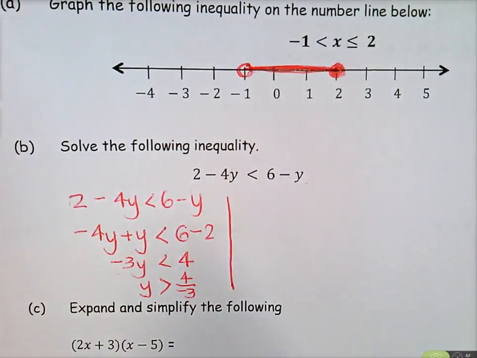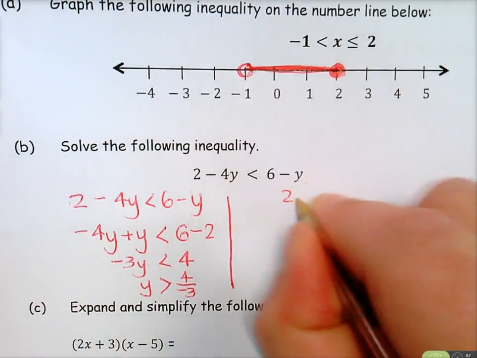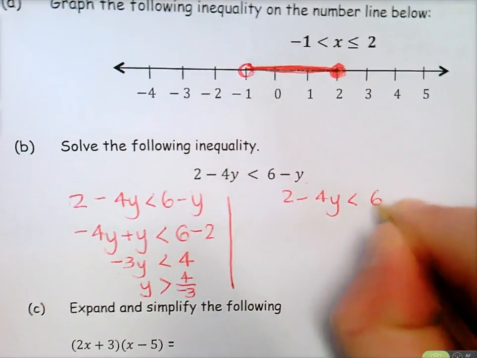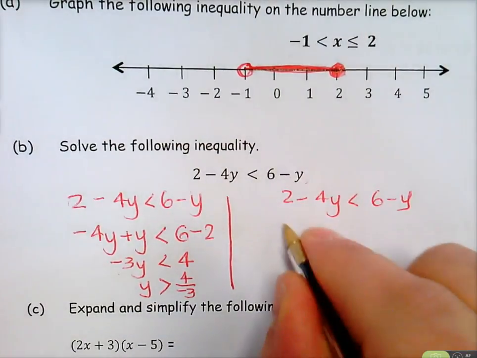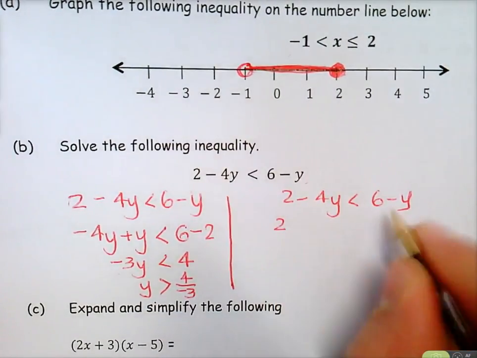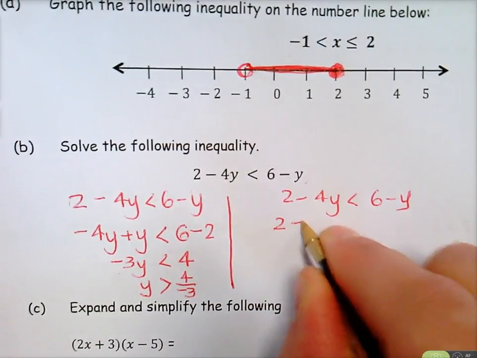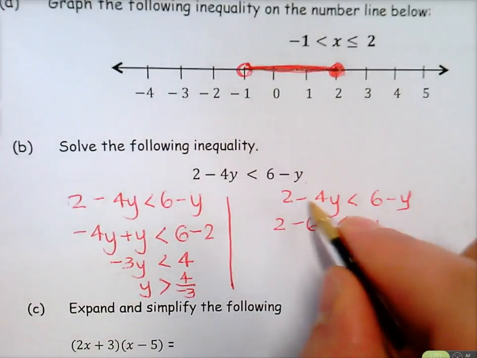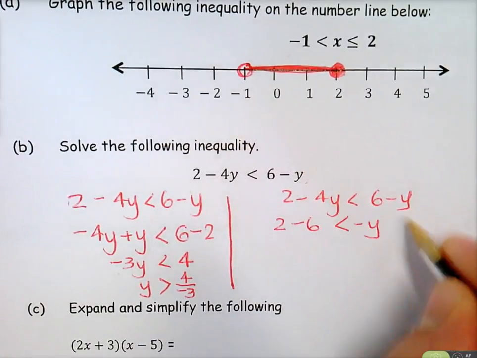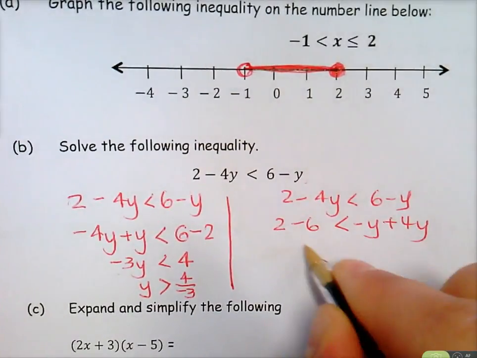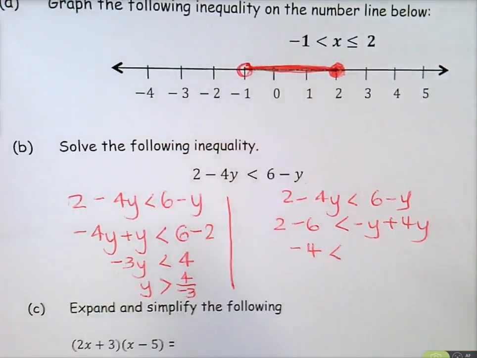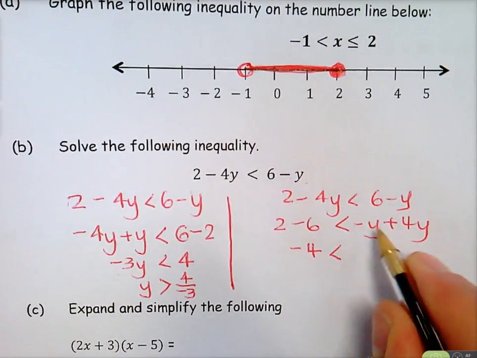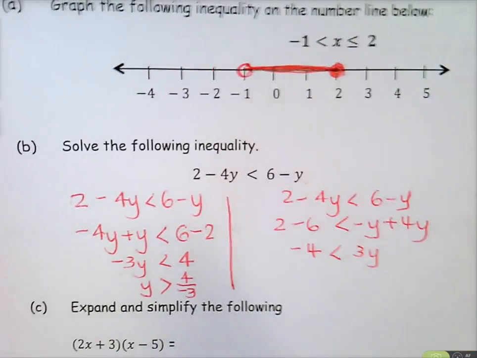The other way you could have done it was to take pronumerals to the right, numbers to the left. So this is the other way, which does not involve flipping the inequality sign. Keeping the numbers on the left, 2, this is a plus 6, inverse operation is take away 6, keeping the minus y here, inverse operation of minus 4y is plus 4y, that gives me 2 take away 6 is -4 is less than, -y plus 4y is 3y.